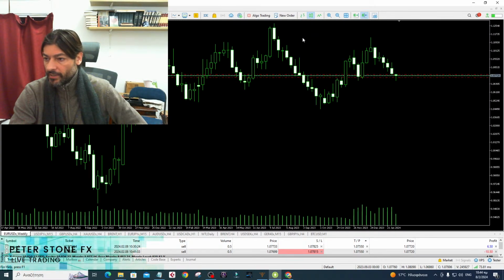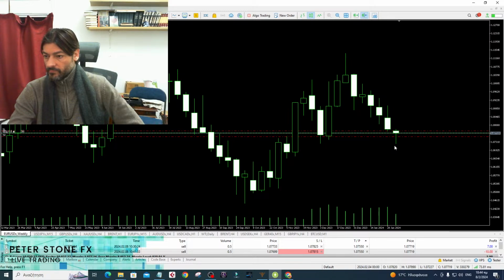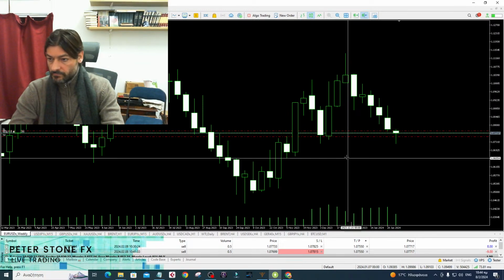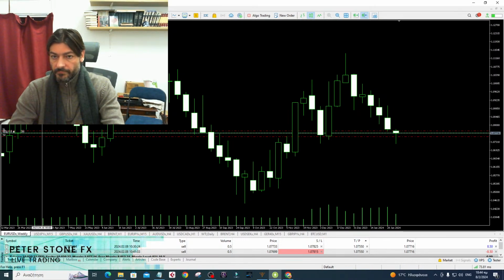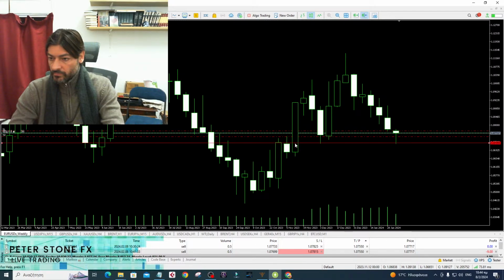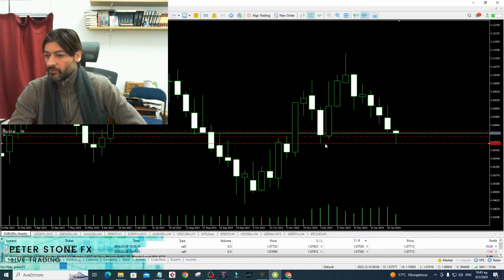So this is the weekly candle. Unbelievable. You see the precision of the price exactly to this bullish order block. It found support here.